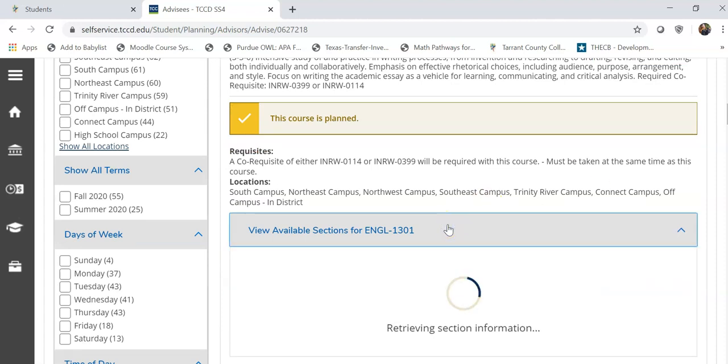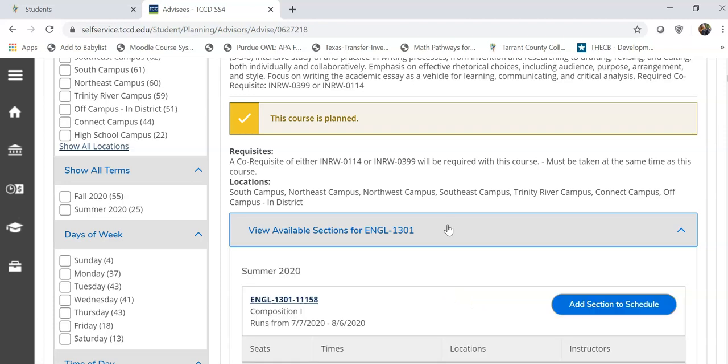That's going to give us the co-requisites. INRW 0114, that's a more advanced co-requisite, so that means if you scored on a higher range of the TSI, even though it may not have quite scored college level, it's going to put you in a higher bracket.